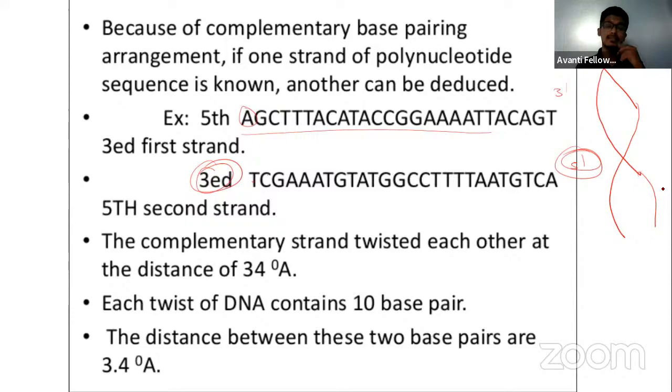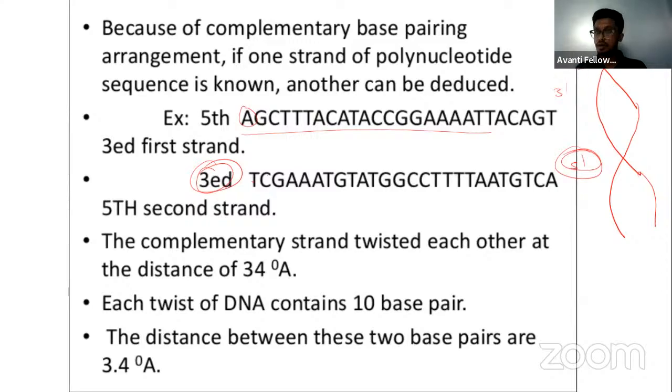Our structure of the Watson and Crick model is also called right-handed helical DNA. We call it what? Right-handed helical DNA. So what is this right-handed helical DNA? That means both my strands turn from right to left. And it's arranged like a staircase. So let us understand how these staircases result.